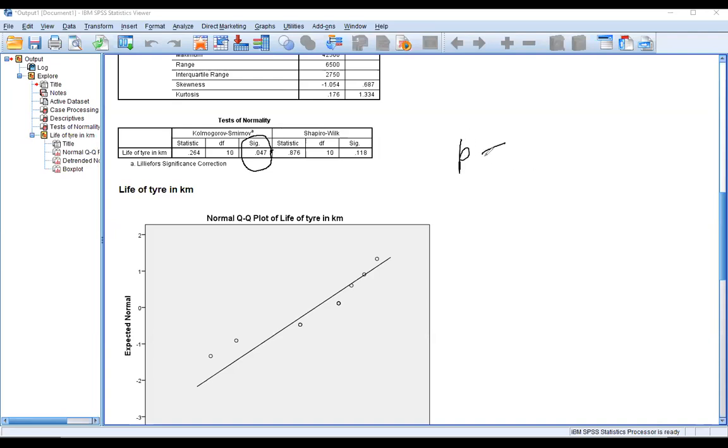The p-value is less than 0.05, so data is not normal. Okay, so we cannot apply the one sample t-test. So we will apply the one sample Wilcoxon signed rank test.